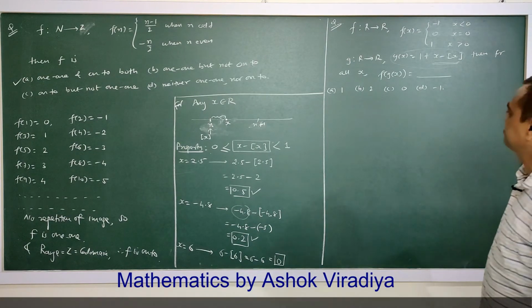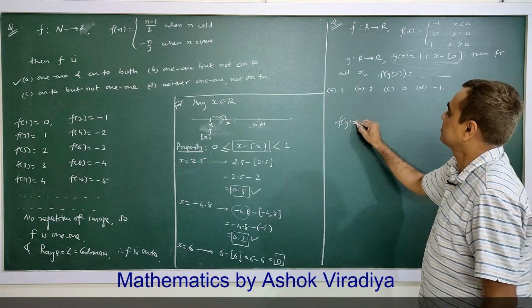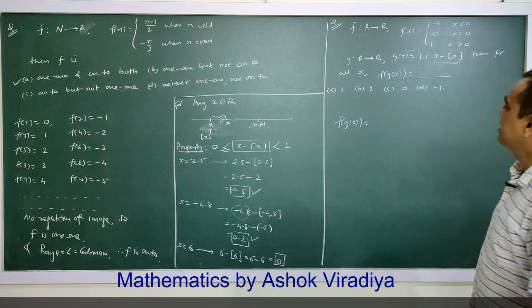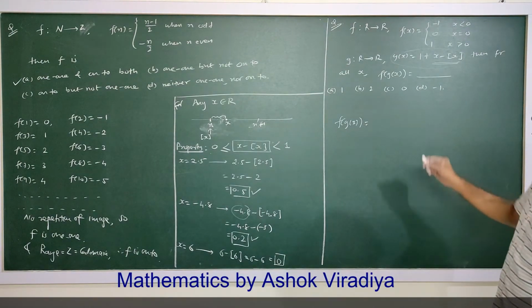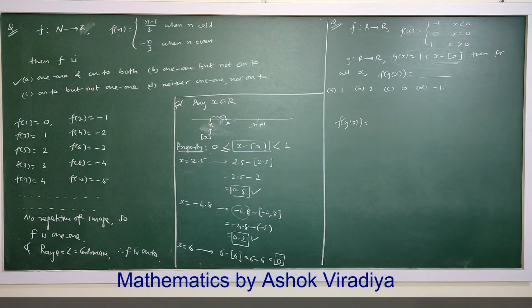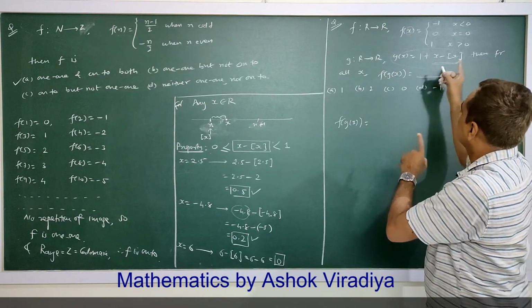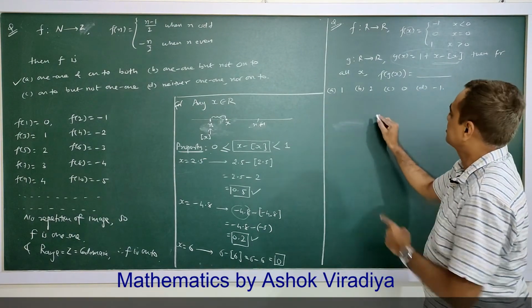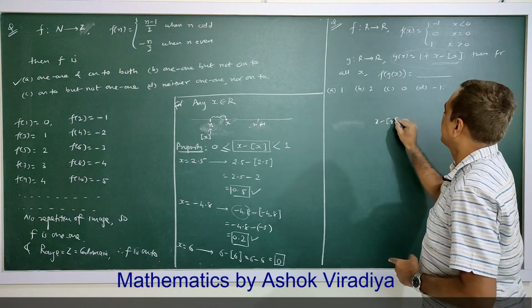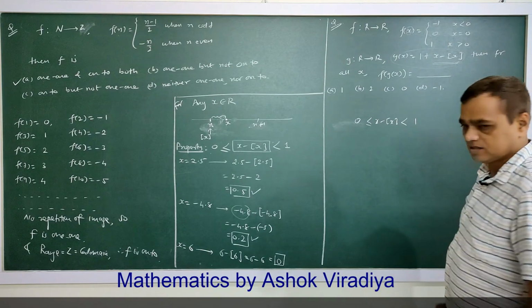Now look here, f(g(x)). Check g(x): x minus [x], as just discussed, is between 0 and 1.